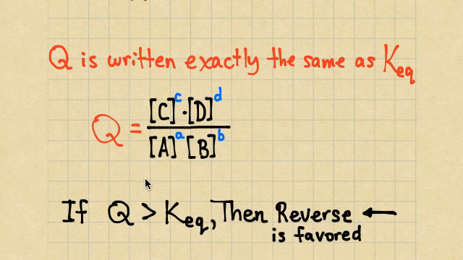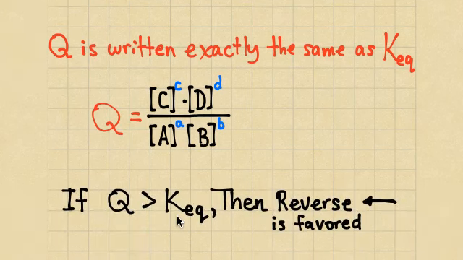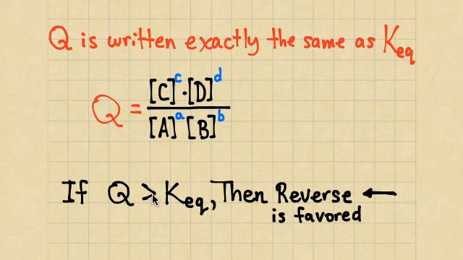If I knew my numbers, the amounts of A and B and C and D, or whatever you have, put them in the expression, balancing the equation with little a, little b, little c, little d in blue, raise those to the power, and do a calculation for the reaction quotient. If that comes out bigger than K, that means I have too much of this and not enough of this, and that means the reaction will go backwards.